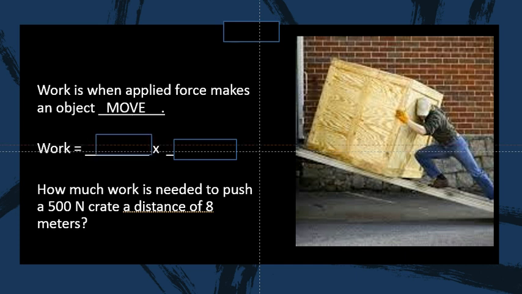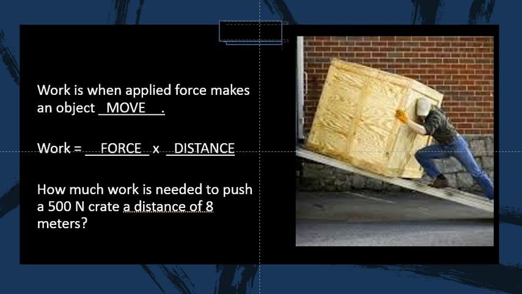Work is going to equal force times distance. And then this last one, I am not going to give you the answer for. You can tell me in class tomorrow how much work is needed to push a 500 newton crate a distance of 8 meters. So we have a force and we have a distance. The formula for work is force times distance.